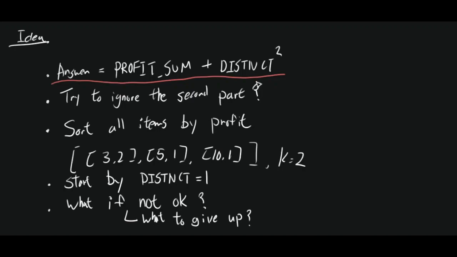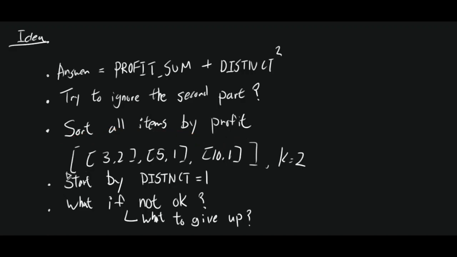Why don't we just try to ignore the second part altogether first? If we ignore the second part, it means we don't care about the category at all. If we don't care about the category, we can just sort all the items by the first value, which is the profit.